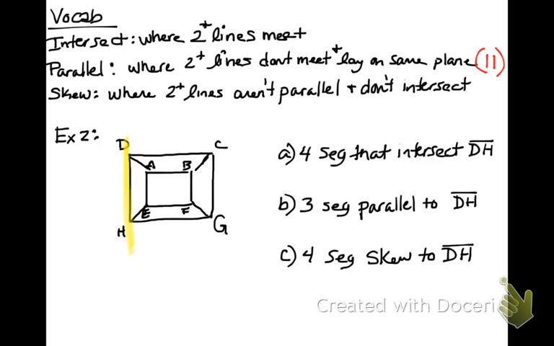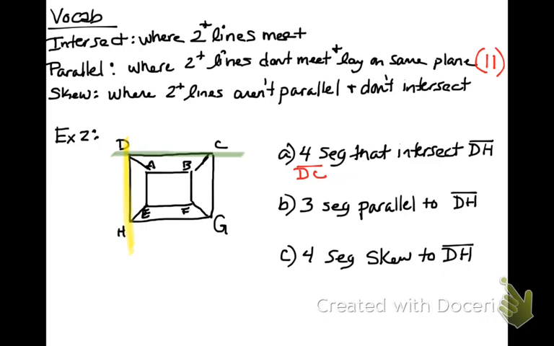Okay. So we are going to talk about things that intersect DH. A line that intersects DH: DC. This line intersects. AD. Okay, can I just write it down? Thank you. So we have DC that intersects. What else intersects?